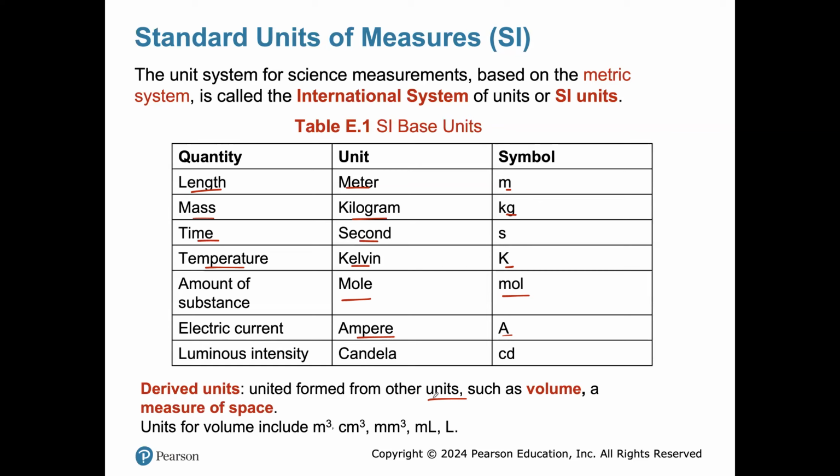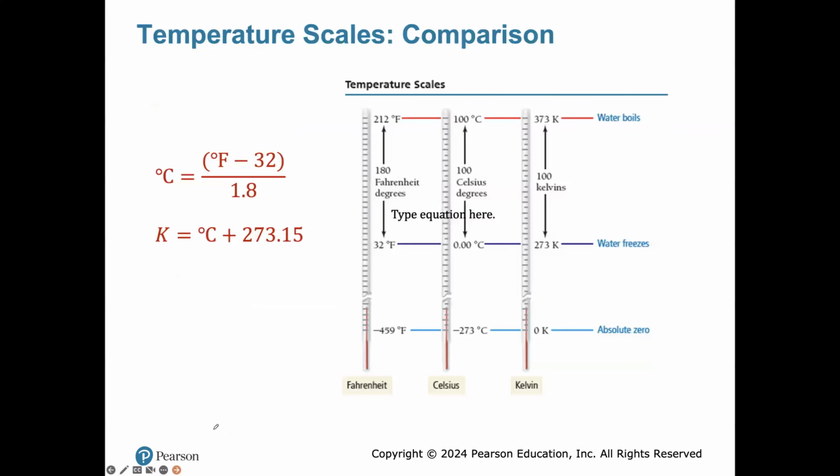So when you multiply three together, the units of volume are usually cubic meter, cubic centimeter, cubic millimeter, and it can also be derived to milliliter or liter. So volume is derived from the measurement of length. So volume is considered a derived unit.